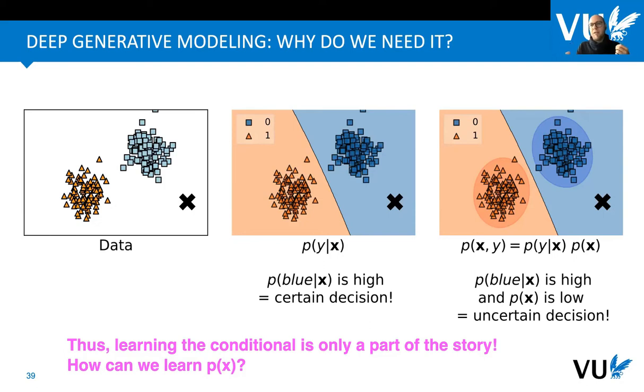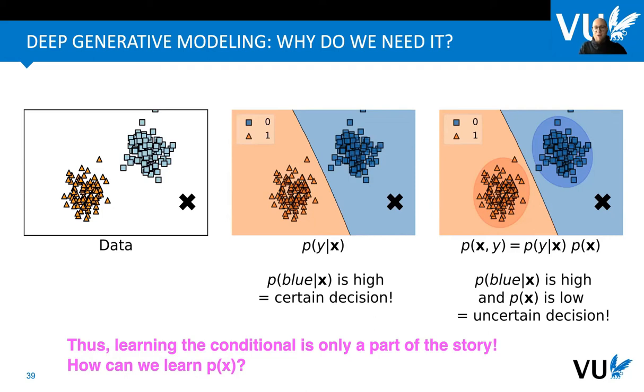However, for me, deep generative modeling is about really learning the joint distribution, while P of X is only a part of it, right? So it's not like what we are doing in deep learning and learning P of Y given X is some crap, and we shouldn't do that. The opposite, we should do that, but we should also think about how we can combine it with P of X so that we can get this joint distribution. And I think this is the most important and the most interesting question, all right?